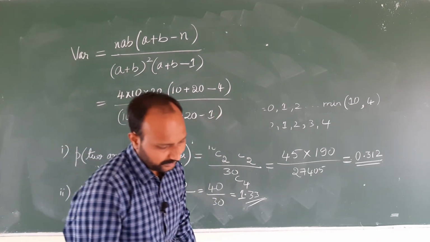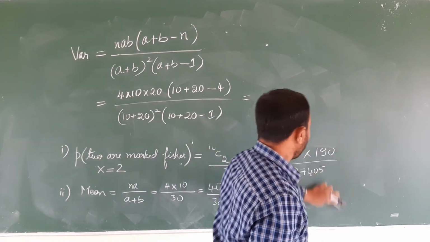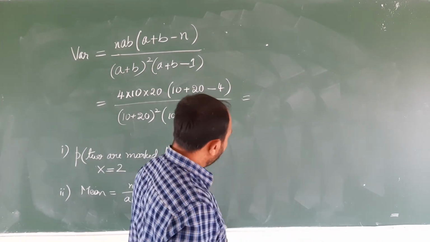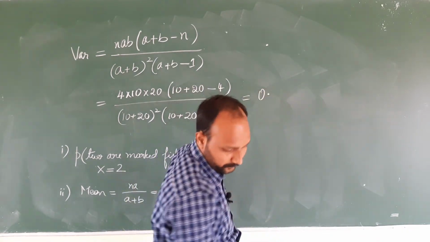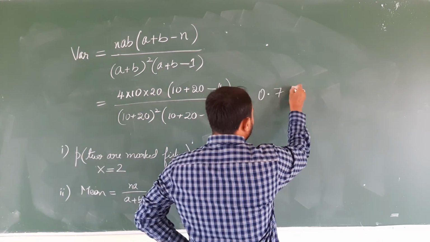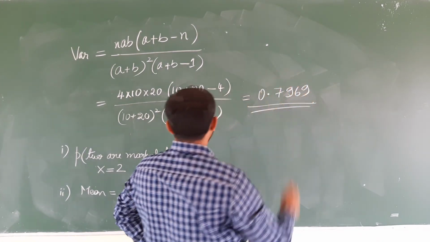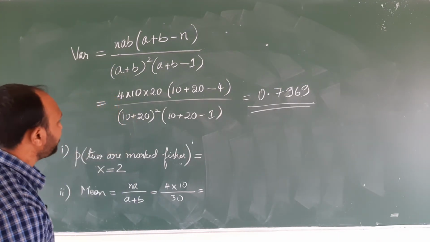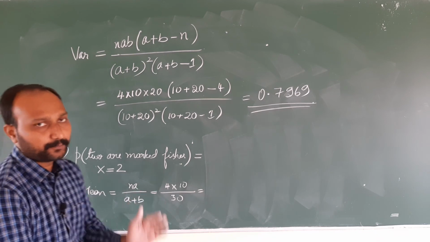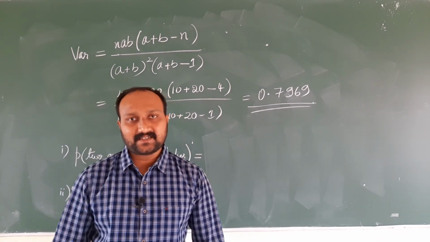If you solve this expression after substitution, you will get the value 0.7969. This is the variance. So, for this particular problem, we have found the probability, and along with that, we have also found the mean and variance. Thank you.